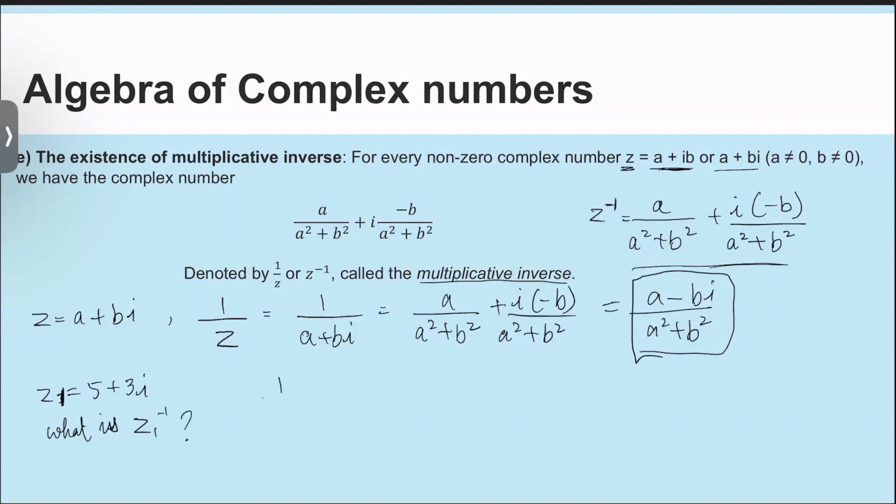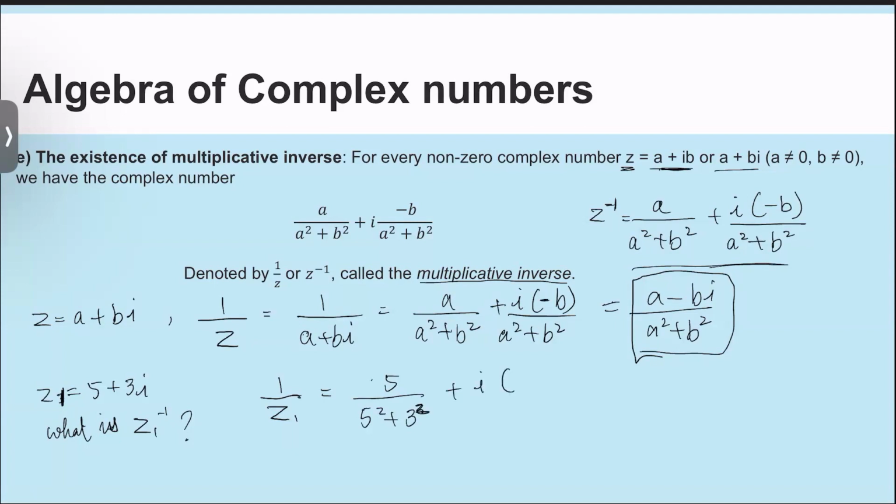You can write it in terms of z1 inverse, that is equal to your a, so that is 5, 5 upon 5 square plus 3 square, plus i.